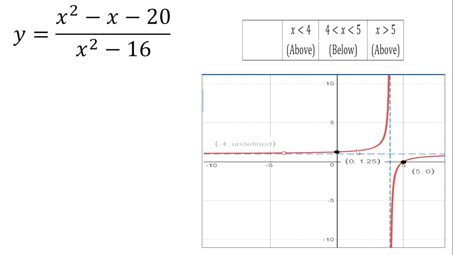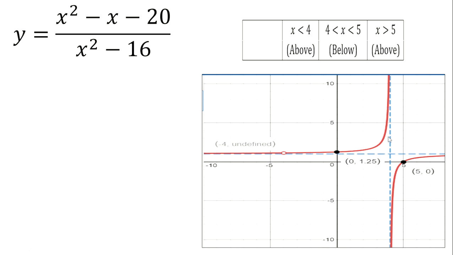Okay, so we have here our intercepts (0, 5/4) or (0, 1.25), and the hole (-4, 9/8). And then we have our asymptotes here and here.